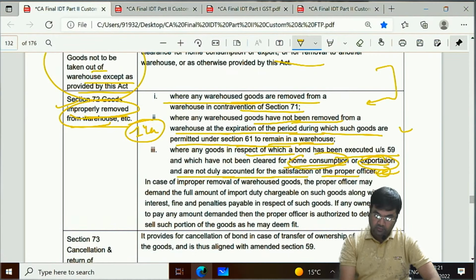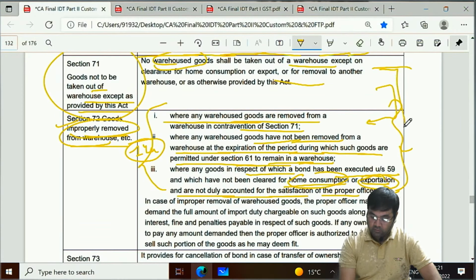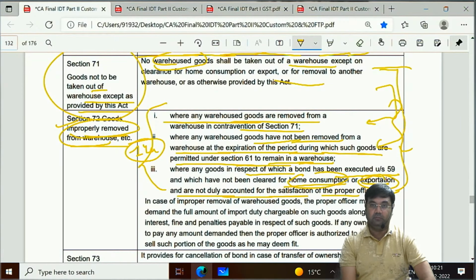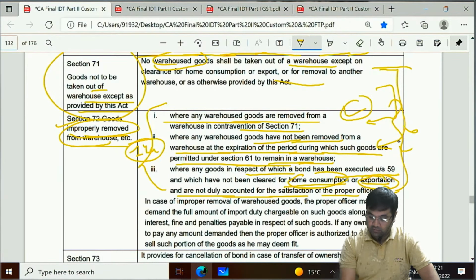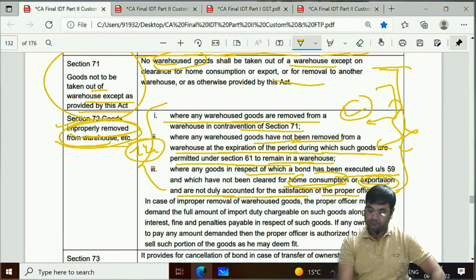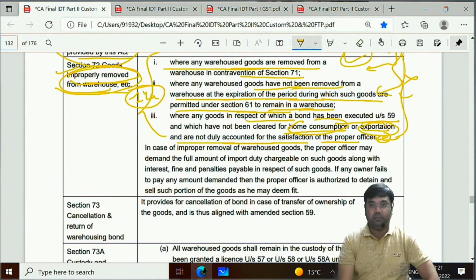So according to section 72, if it is not removed within 1 year, let's say time period, then we are going to say improperly removed. So the goods are improperly removed.